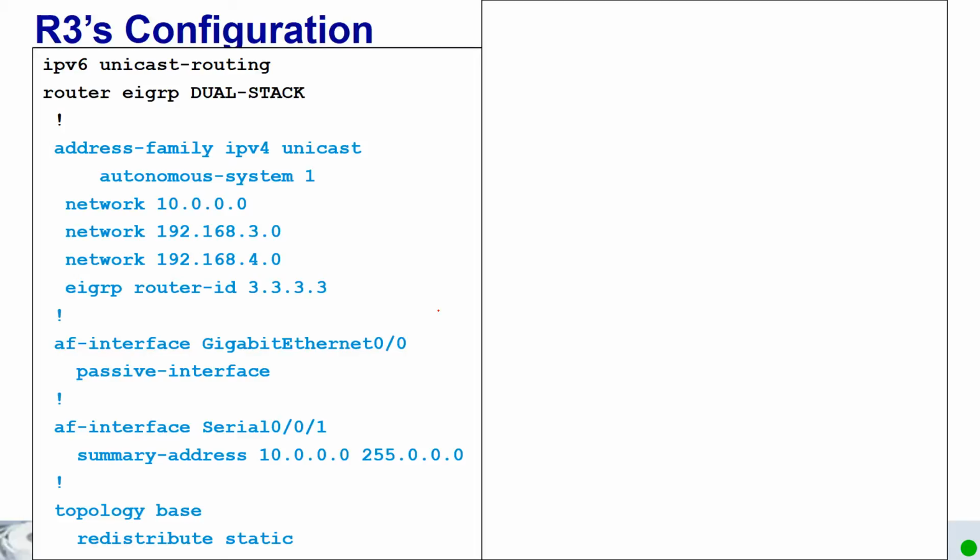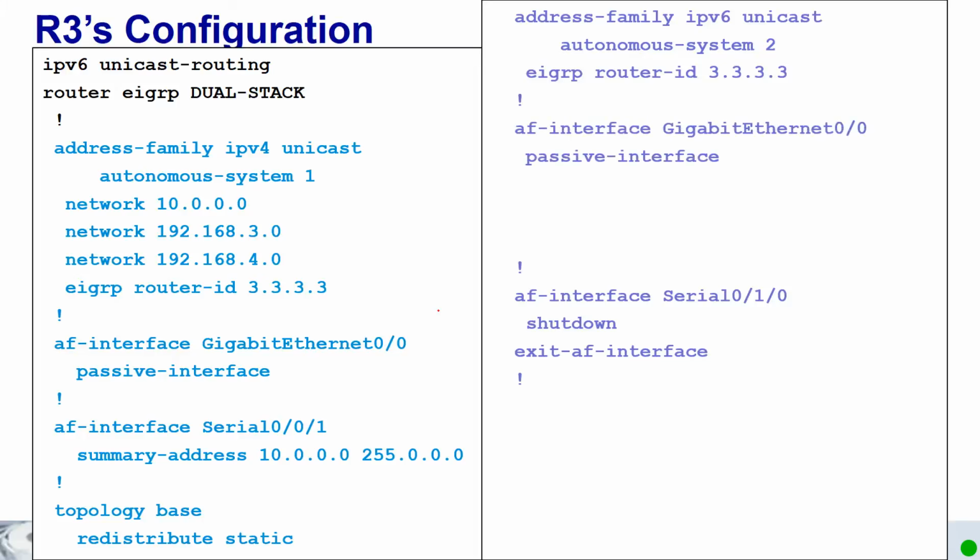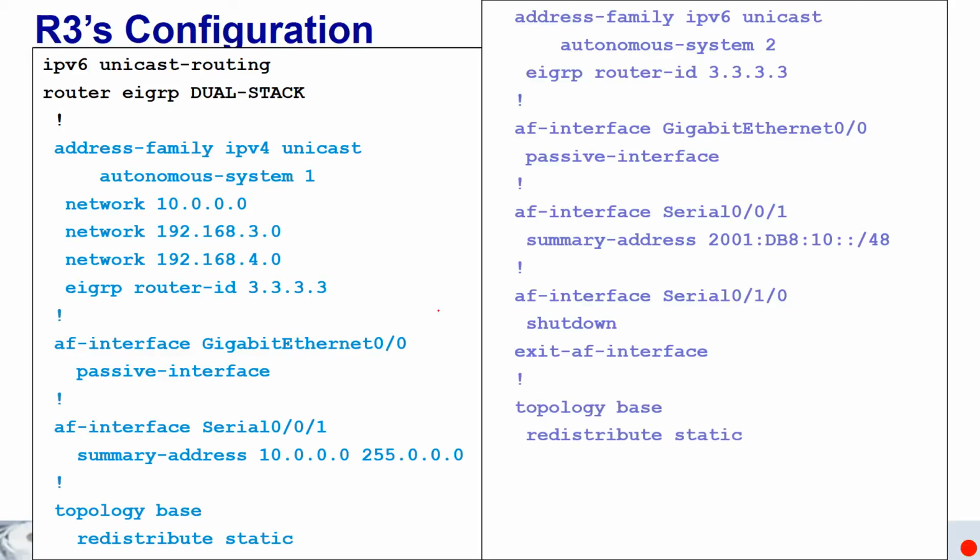All of that's going to be under the address family for IPv4. Next will be the address family for IPv6. Again, the appropriate address family interfaces, the appropriate topology base for redistribute static.